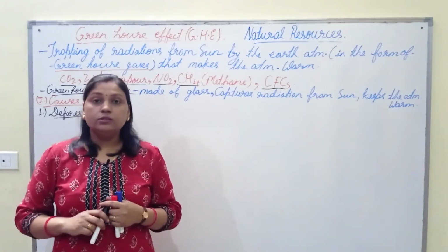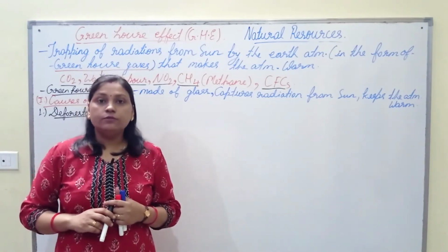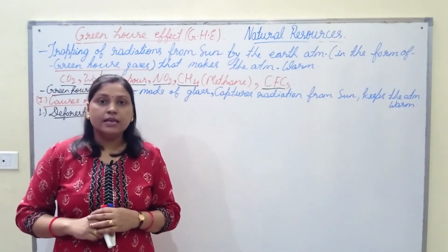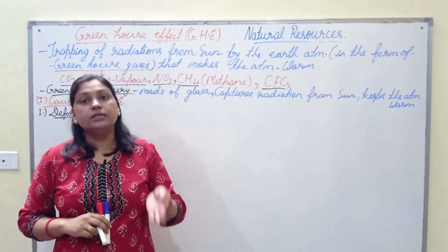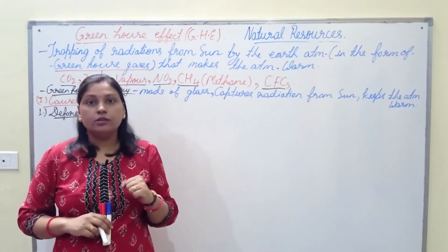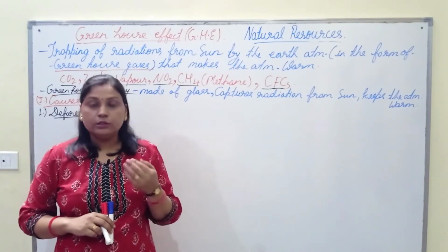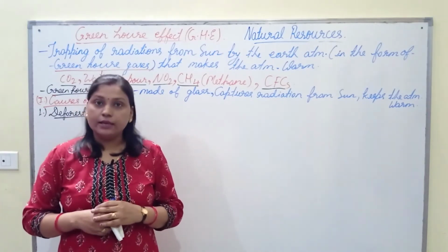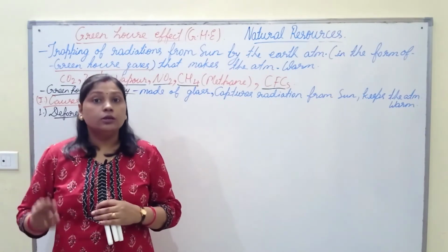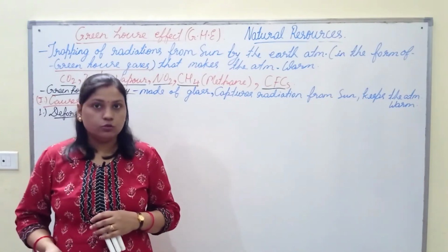As we know, plants are the chief source of oxygen, and on one side the human population is increasing, and thus the percentage of carbon dioxide in the atmosphere is also increasing. On the other side the plants are decreasing, so the percentage of oxygen is also decreasing.